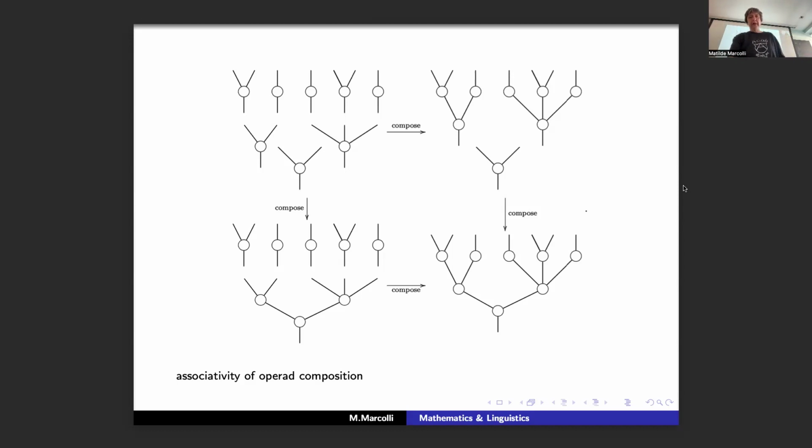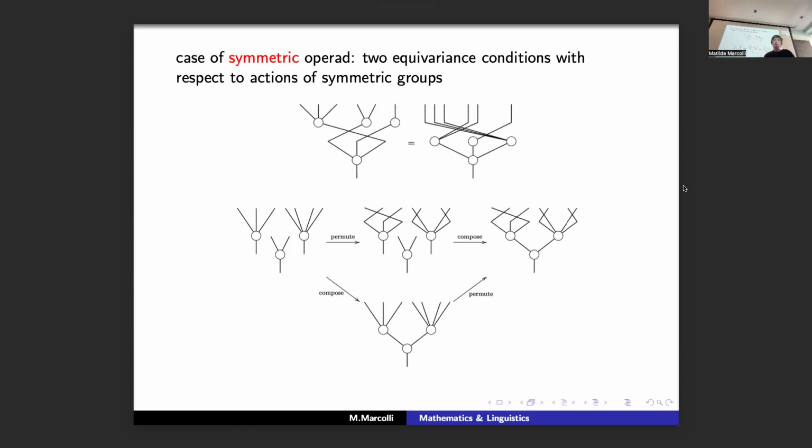And then, okay, so this is the basic structure of what an operad is. And there is an additional property that sometimes the operad has. The basic definition of operads is just these compositions with associativity and the unit. And additionally, you can have operads that are symmetric, and you can have operads that are non-symmetric. If they are symmetric, there are two conditions that express this symmetry.